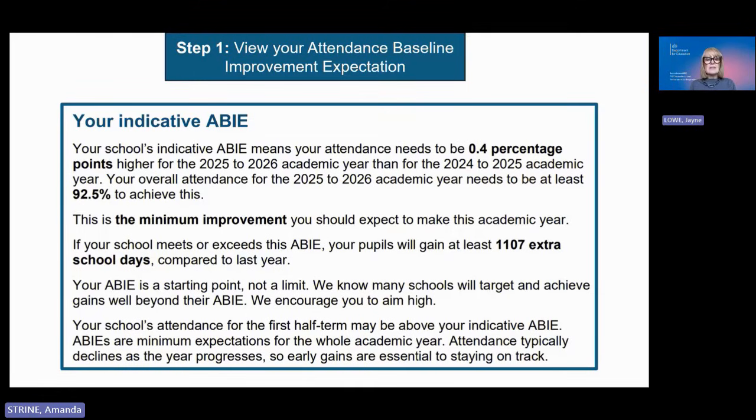On this slide, you can see that this school's indicative ABIE for 25-26 is 0.4%. That's the minimum improvement this school is expected to make. And meeting that minimum expectation is going to mean that pupils in this school are collectively in classrooms where they should be for an additional 1,107 extra days compared to last year.